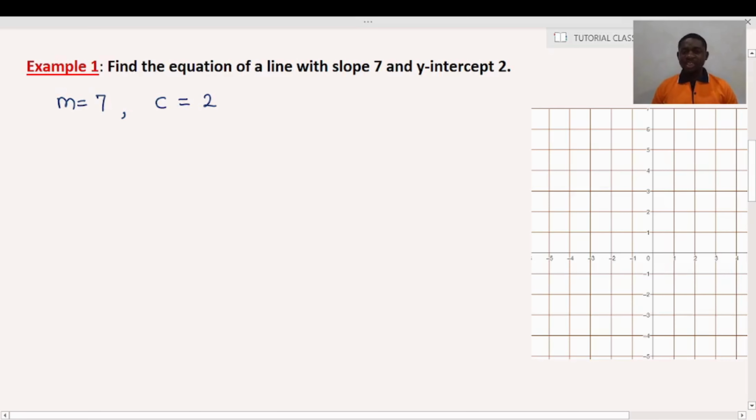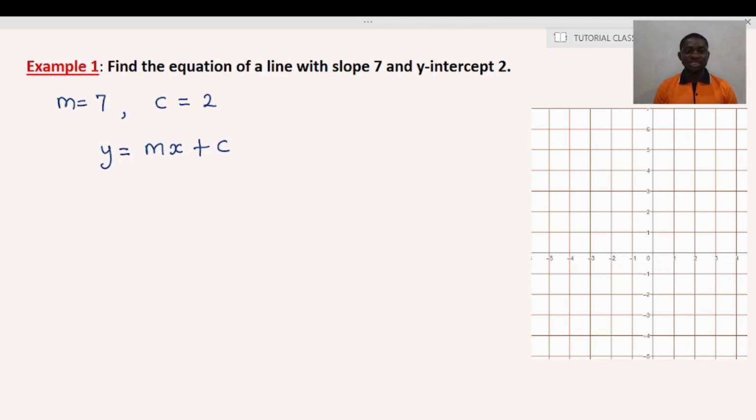So now, think about it. You are given m and you are given c. We then need to bring back that knowledge of the equation that says y equals mx plus c. Just as simple as that. Let's substitute the value of m and c into that general form to obtain the equation of this line.